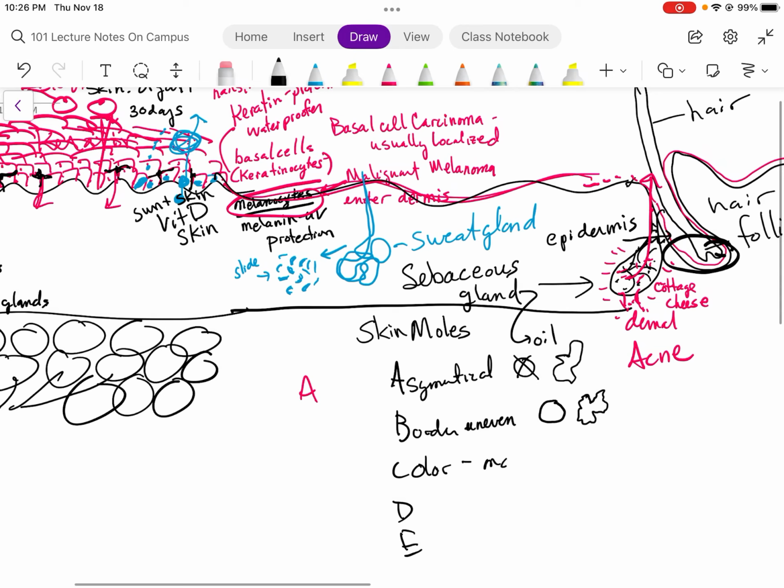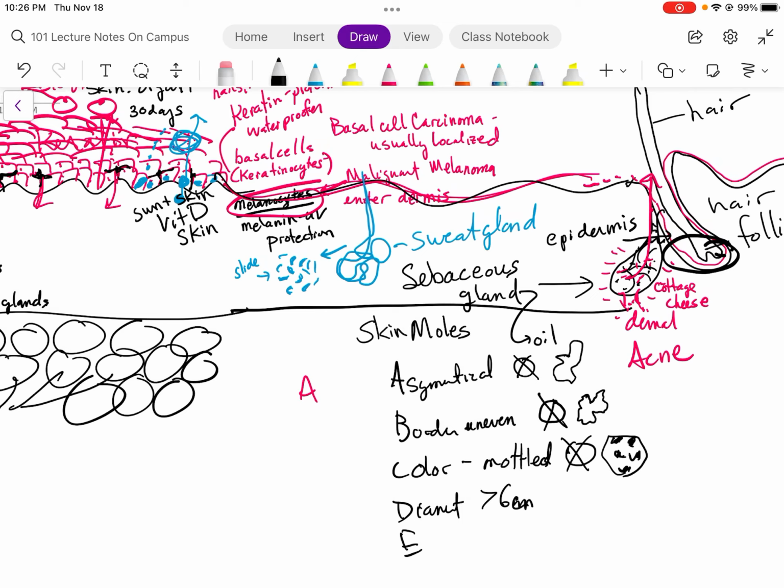Color, if it's mottled, which means that it has areas in the mole that are patchy in colors in different places, that would be not so good. And for diameter, I believe they use a diameter greater than 6 centimeters on here, which is pretty big, so you probably haven't missed any moles that are that big. And E refers to the topography.